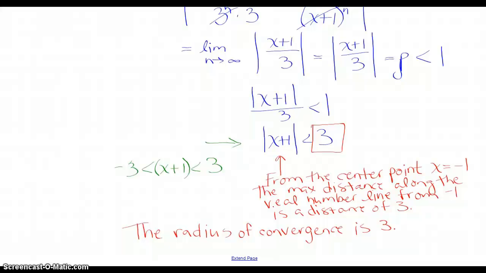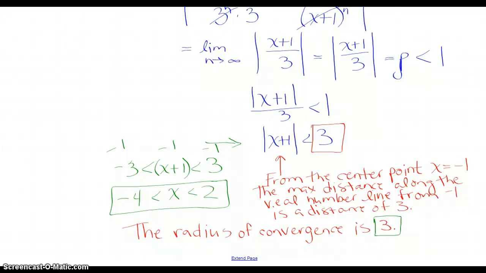Now all I've got to do is get x in the middle by itself. So what do I do? I subtract 1. If I subtract 1 from that part of the inequality, I have to subtract 1 from all parts of the inequality. So the actual values of x along the real number line that this thing converges for is actually from negative 4 to positive 2. But the radius of convergence is not asking you for the interval.